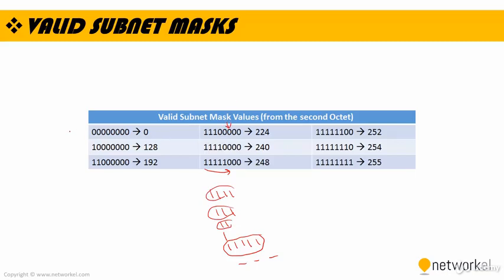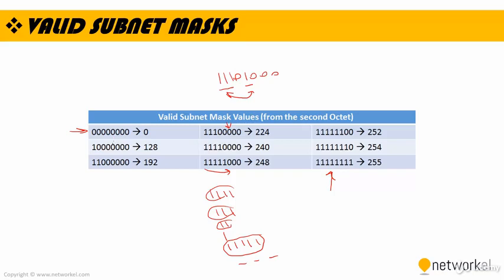All bits can be 0, all bits can be 1, but that shouldn't be a valid subnet mask, okay? I cannot separate these guys from each other. Ones are best friends, and they never live apart.